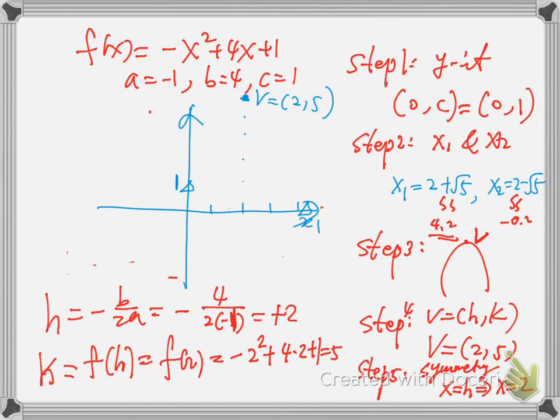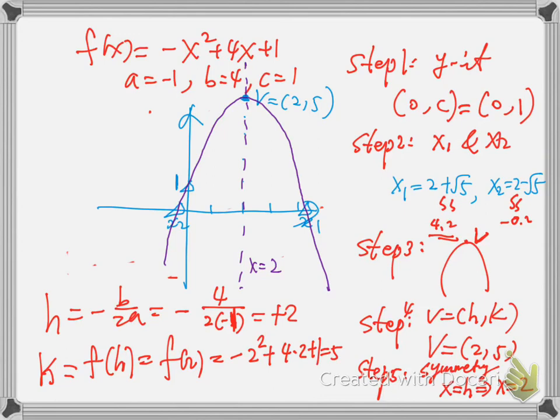This is x1. And x2 is a little bit negative. This is x2. It's a parabola opening down. So we have a parabola that passes x2, passes the y-intercept, goes to the vertex, and then goes down past x1. So that's the parabola. The x of symmetry is x equal to 2.